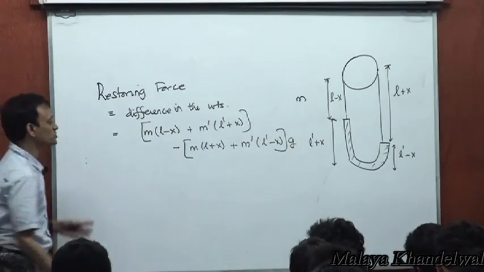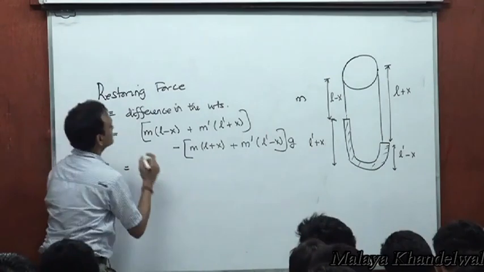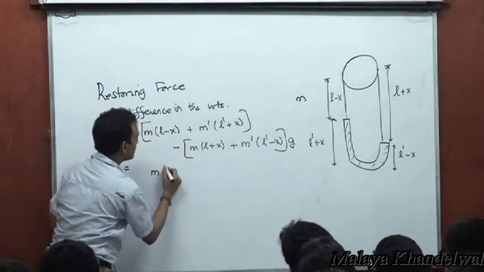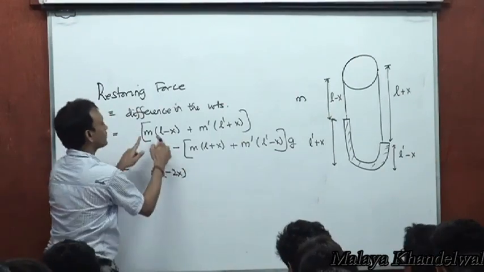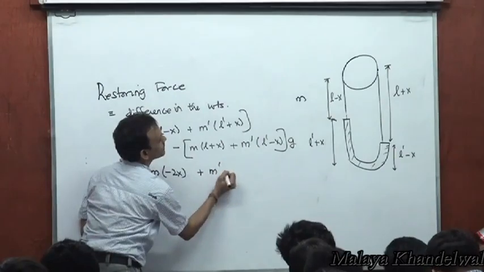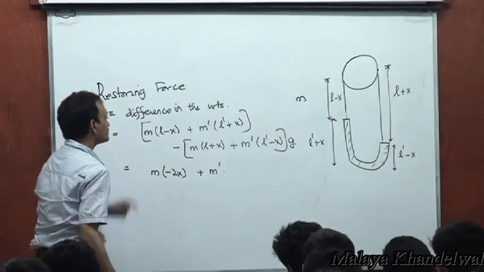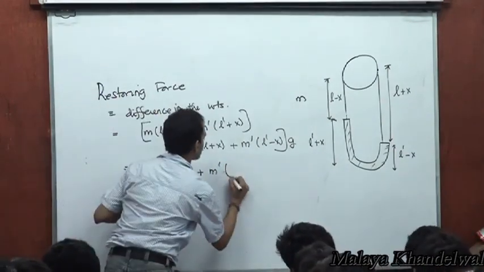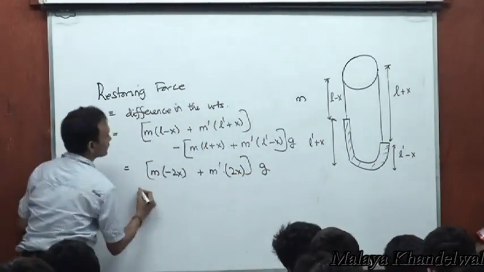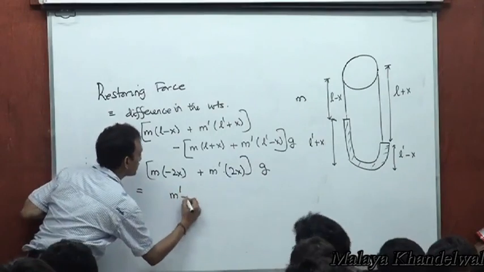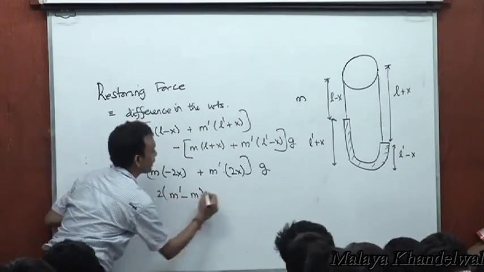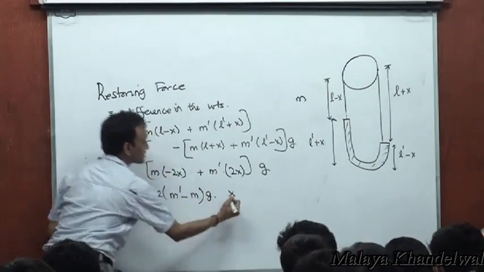That's our restoring force, which is m into minus 2x plus m prime into 2x, into g, which is like of m prime minus m into 2 g into x.